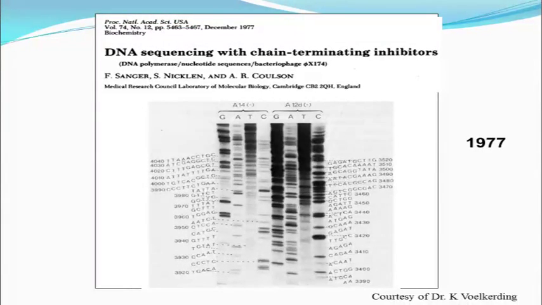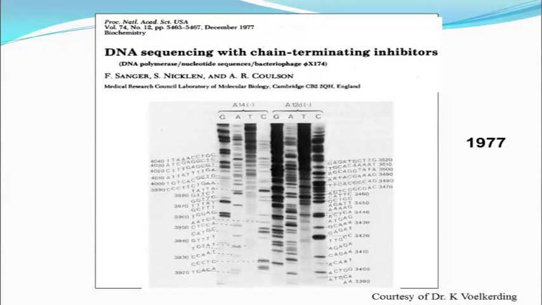We need to go back to the early stage of mutation testing. Sanger sequencing is considered the gold standard for mutation detection, and this technology was invented in 1977. It uses chain terminating inhibitors technology to sequence our genome. The products are run on a polyacrylamide gel and exposed on X-ray film.